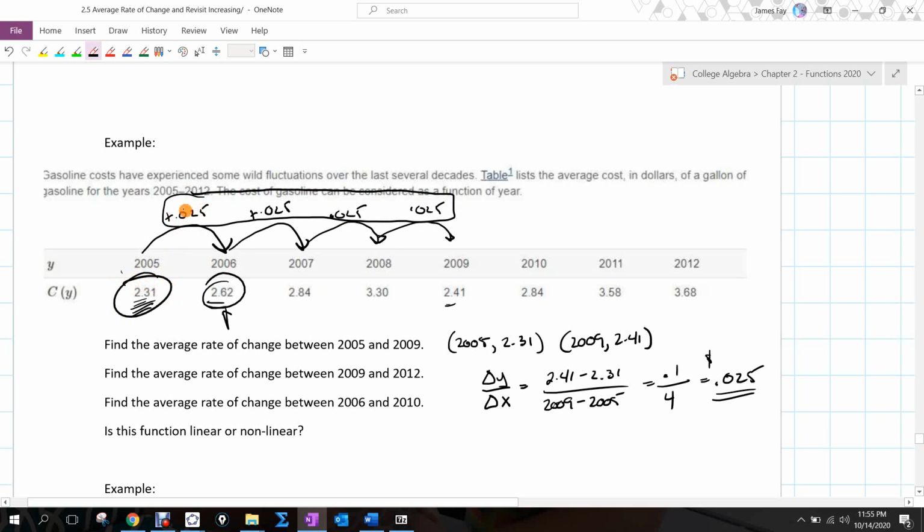I did 4 iterations of 0.025, so that sums to 0.1. So 2.31 plus 0.1 gets me to 2.41. So it tells me that though there were fluctuations in between, the average rate of increase was just 0.025.